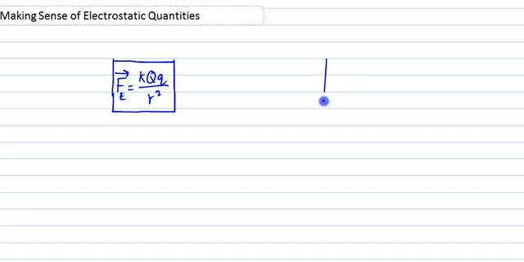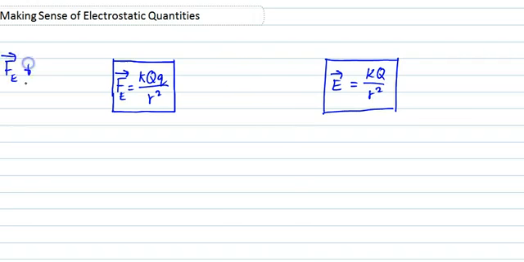And then over here let's put the electric field. And so the electric field is just KQ over r squared. So one thing to point out is that these are both vectors, and there's some pretty common links between them.